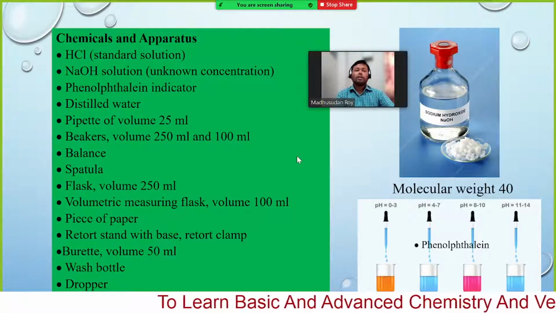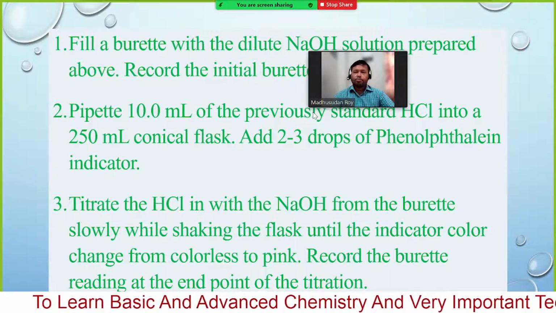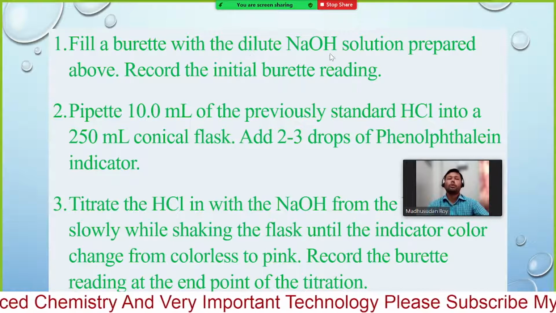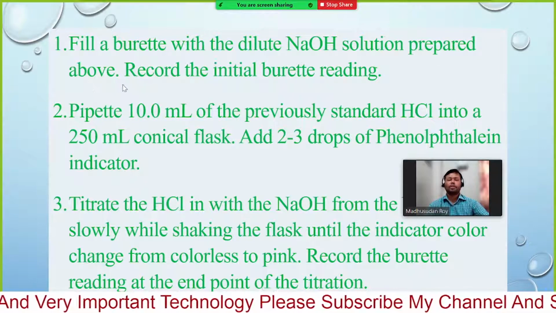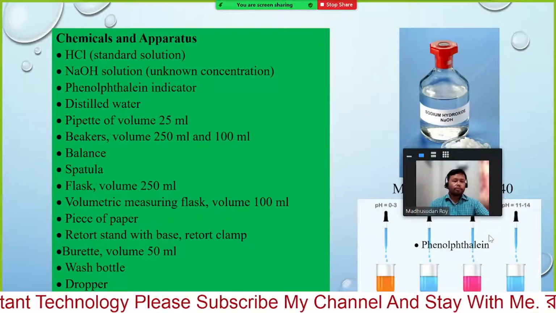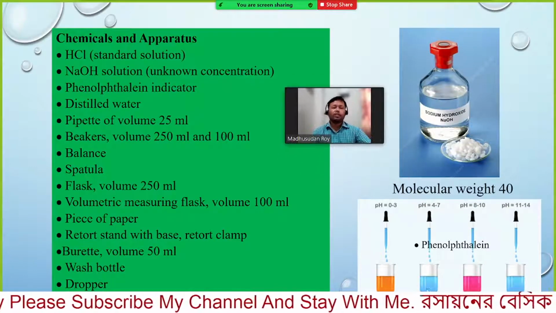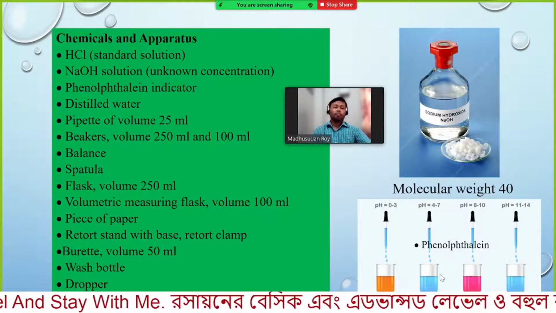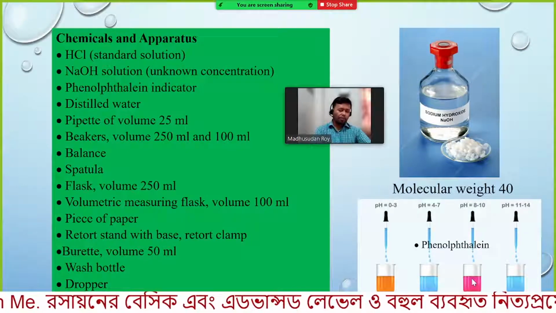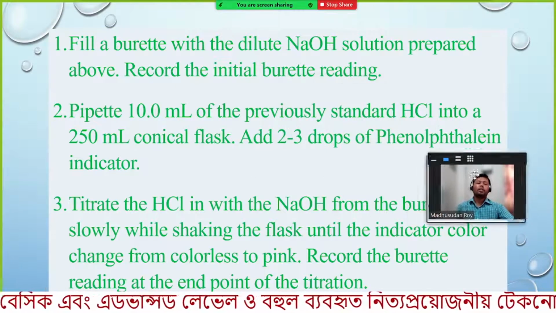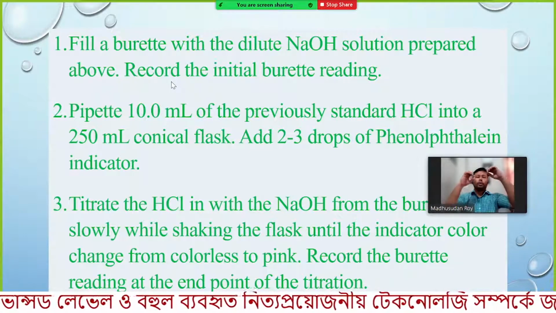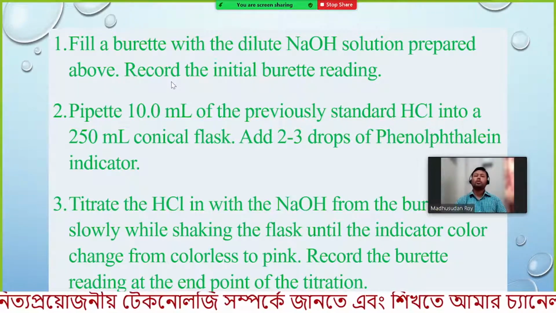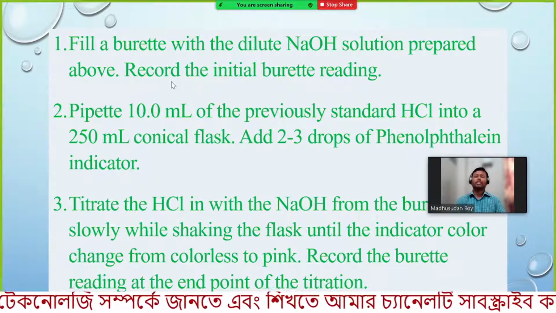So what are the steps? Fill a burette with the dilute sodium hydroxide solution prepared above. We have mentioned that phenolphthalein indicator is colorless in acidic condition, and in basic condition it is pink. So we take the sodium hydroxide in the burette, so that when we add sodium hydroxide drop by drop, the amount of sodium hydroxide will increase the pH value.